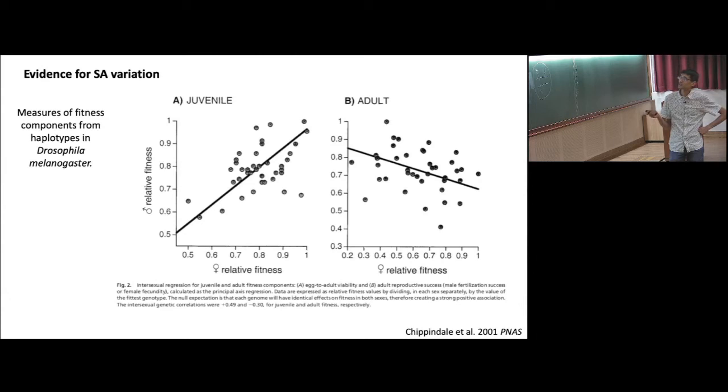And clearly there's this strong positive relationship, right? Haplotypes that are good for one sex are also good for the other. Those of you who know much about fruit flies know that the fruit fly larvae, at least at the gross level, seem to be more or less the same, regardless of whether they're male or female.